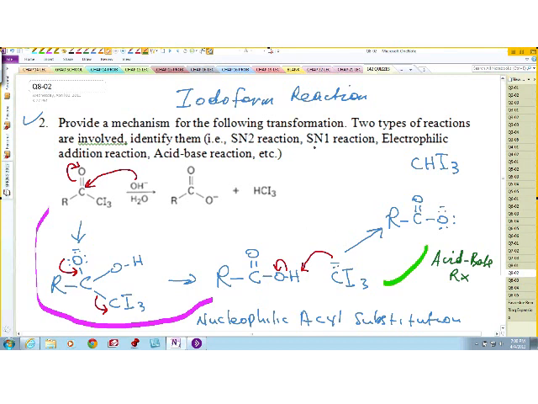Okay. So let us go to the third one. Oh, by the way, while we do have time today, let me give you the mechanism for the iodoform reaction.